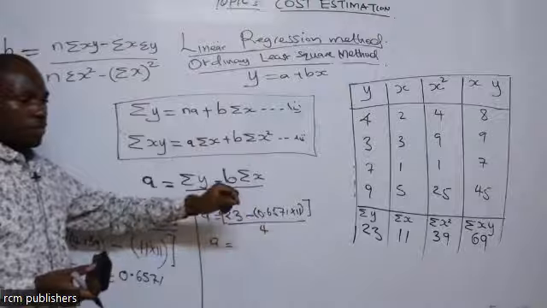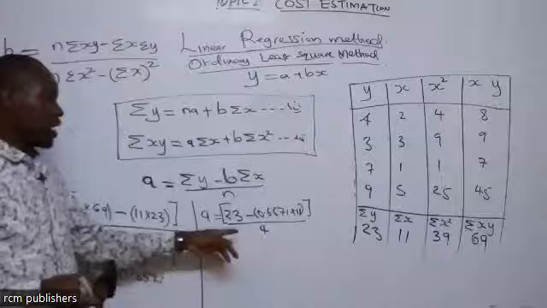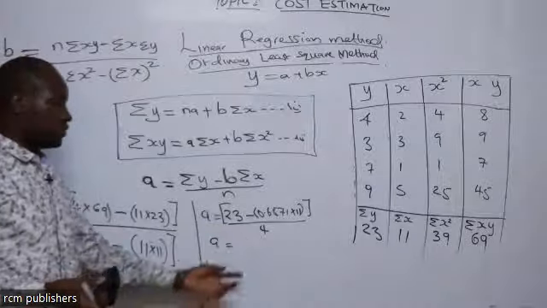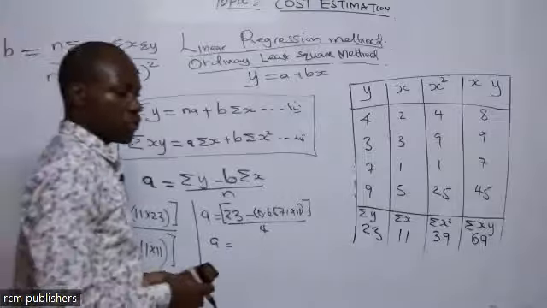The way you have the value of B, multiply by 11 times -1, add this, divide by 4. Simple. 3.9428.